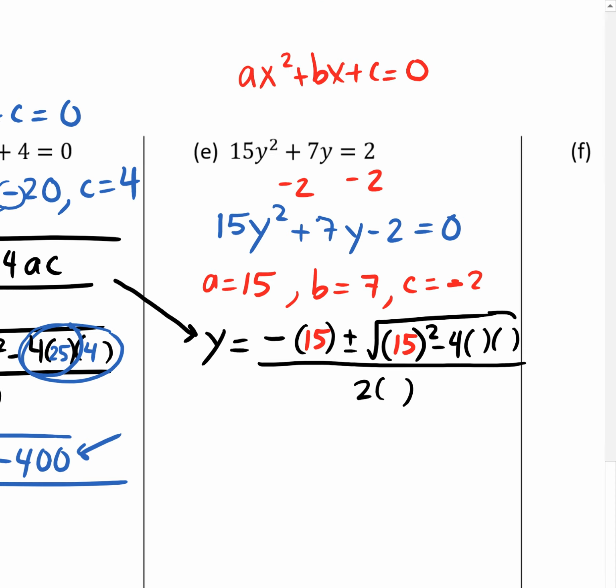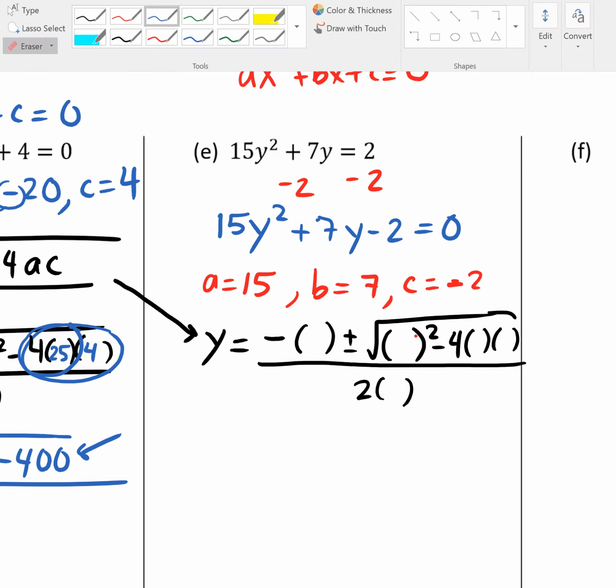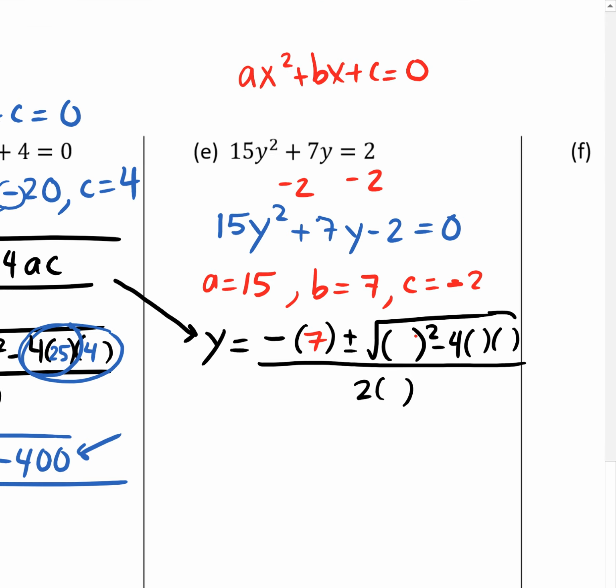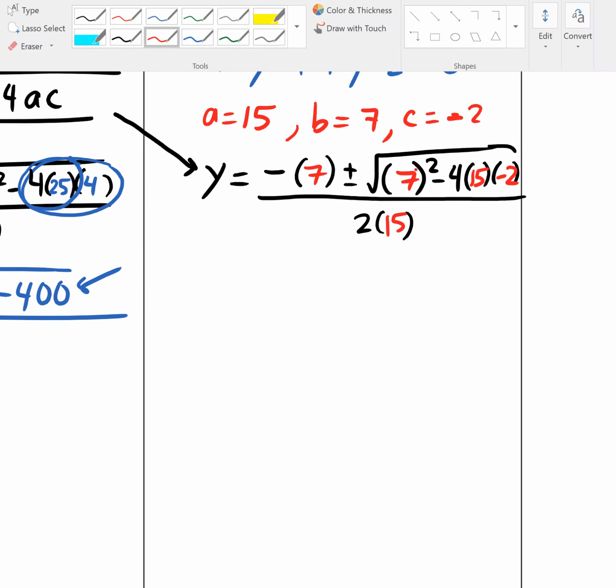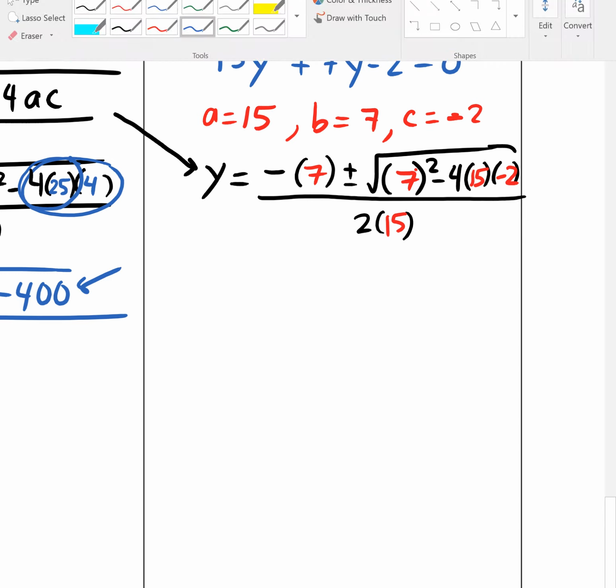I'm mixing up b and a. Sorry about that. So b was 7. Minus 4 times a, which was 15, and then c was negative 2, all over 2 times a, which was 15. Sounds good. Let's simplify this now.